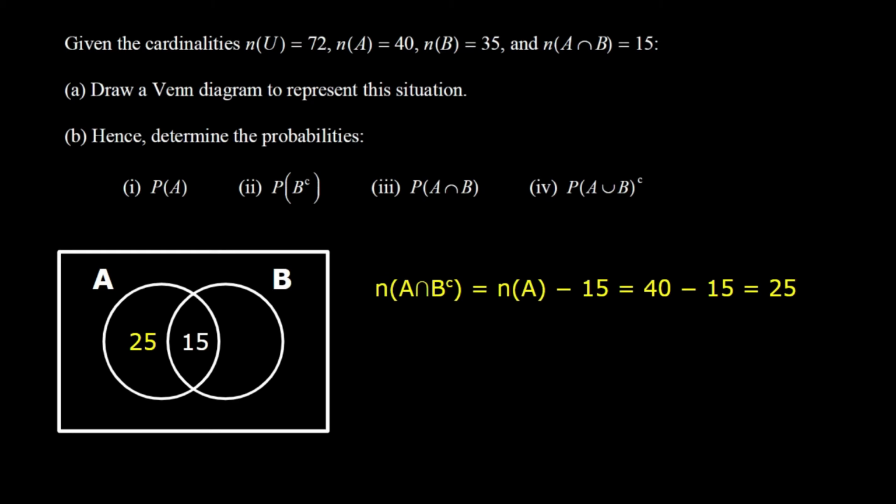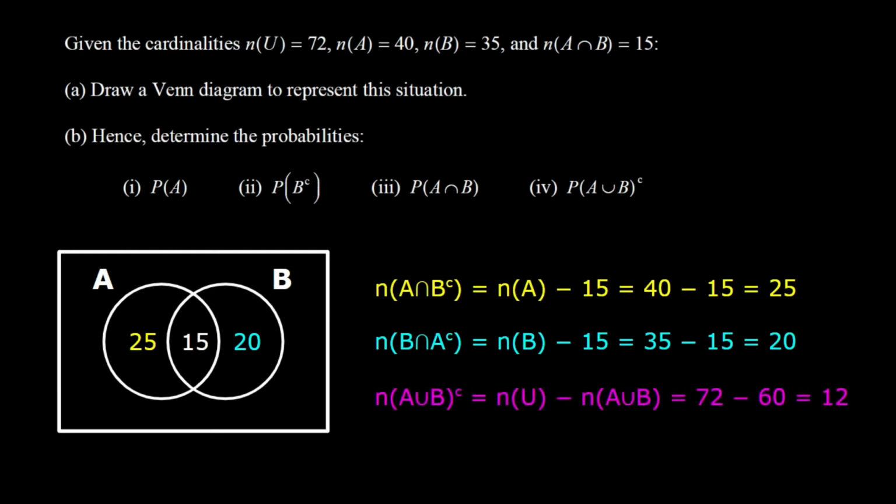Then we do a similar thing for the B only section, which remember is B and not A. It's going to be the number of outcomes in B, again, minus that overlap. So 35 minus 15, or 20, in the B only section of our Venn diagram. If we total those numbers up, we get 40 plus 20, which is 60. So that means we're missing 12 in our sample space.